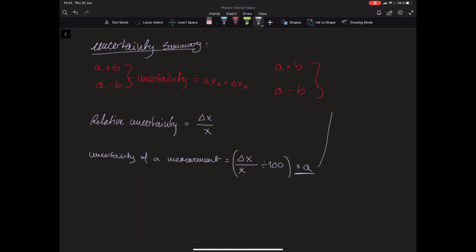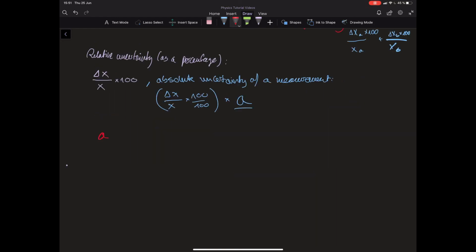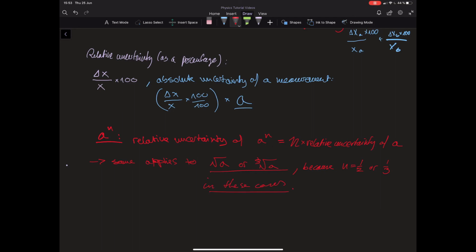With multiplication and division, you add the relative uncertainties of the original numbers to find the relative uncertainty of the value. Furthermore, whenever you raise a number with uncertainty to a power of n, the relative uncertainty of the result is n times the relative uncertainty of the original number. This also applies whenever you're taking the square root or the cube root or any n root of the value, because n just becomes, for example, with square root, 1/2 or cube root, 1/3.